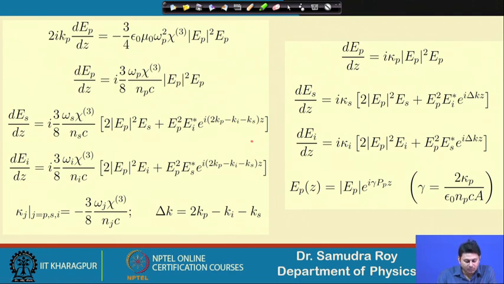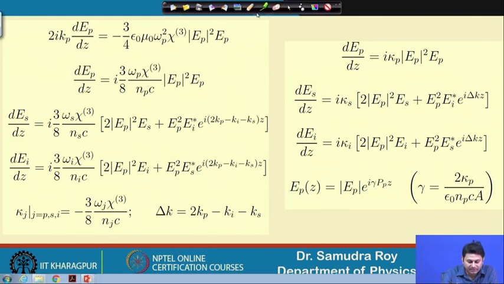So, let us find out what should be the field equation for the pump, because the pump has a source term which is of the self phase modulation kind. The solution of self phase modulation we know how to do, but let me do it once again.